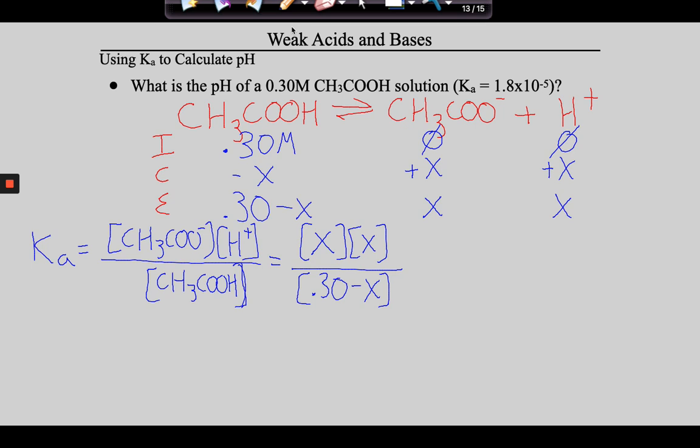Guys, follow this reasoning. If the Ka value for this is 1 times 10 to the negative 5th, about how much of this acid is going to be protonated? To come up with that answer, look at your previous calculation and make the connection. Guys, what is the Ka for formic acid? On the order of 10 to the negative 4th.